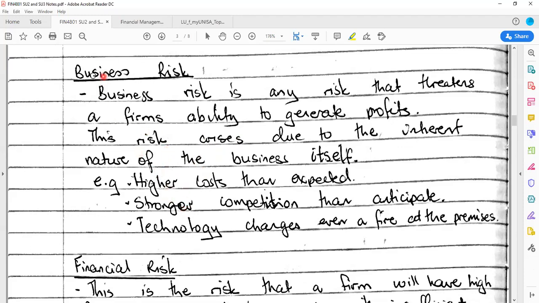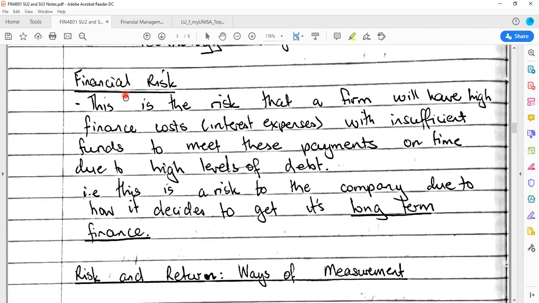But you should be able to distinguish between business risk and financial risk. Financial risk is defined as follows. This is the risk that a firm will have high finance costs or high interest expense, and they'll have insufficient funds to meet these fixed finance costs on time due to high levels of debt.